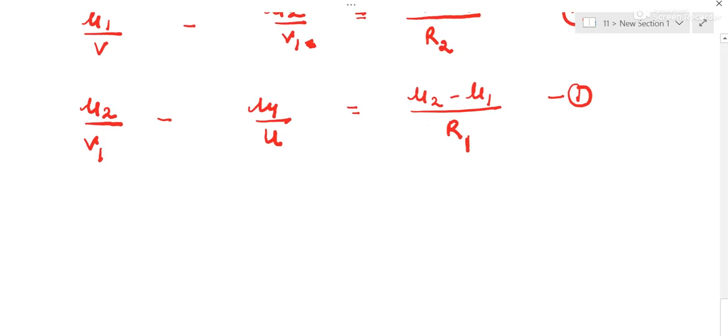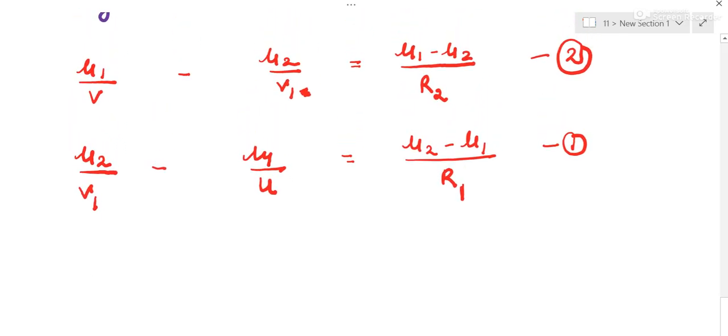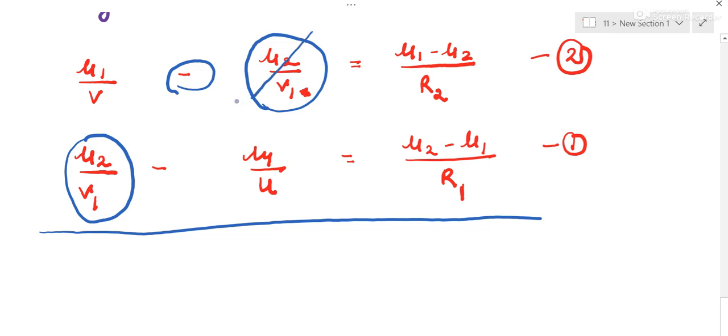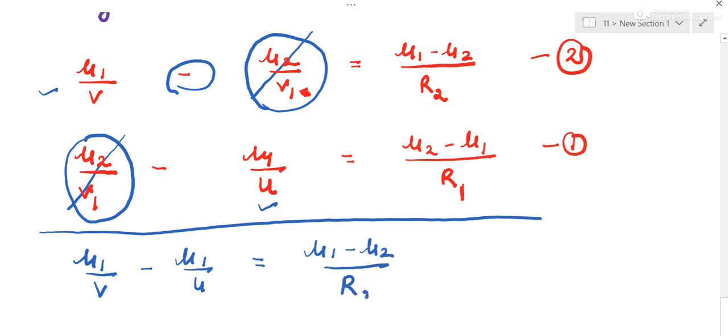Now we will add up the two equations. When we add up, we see this term and this term are same and with opposite sign, so they'll cancel out. We'll write first term as it is, then second term, this one, then right hand side plus right hand side of first equation.